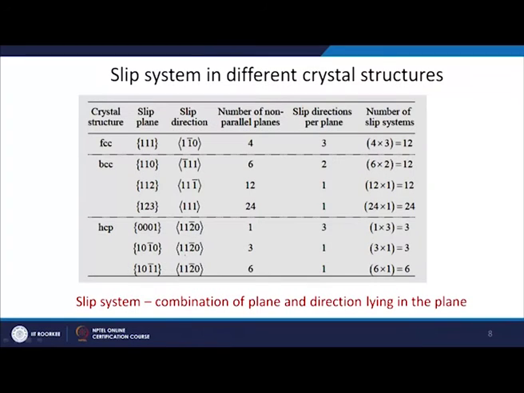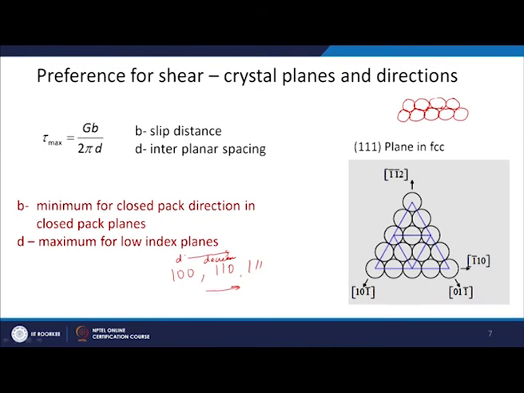For example, slip systems in different crystal structures: in FCC cubic crystal, this is the 111 plane, and you will get 4 such 111 planes.